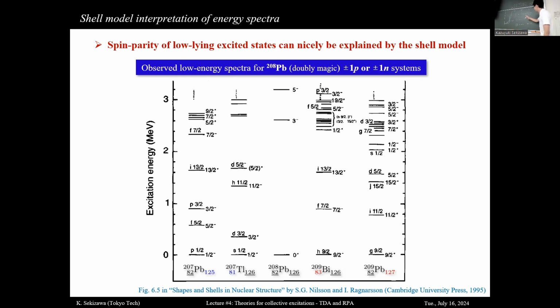In case of the P orbital, it is L equal 1. So plus minus 1/2 provides P3/2 and P1/2. And this is S. And here you have larger spin-orbit splitting.